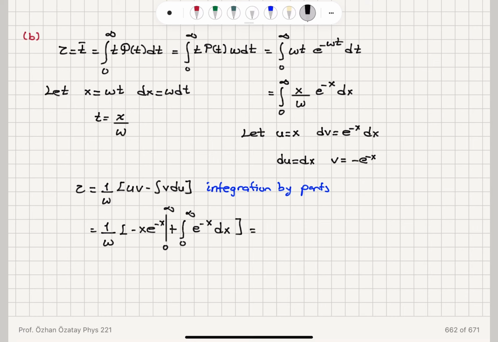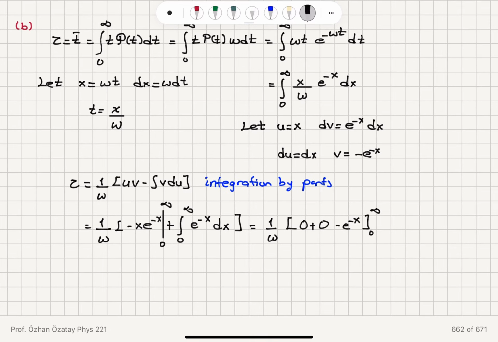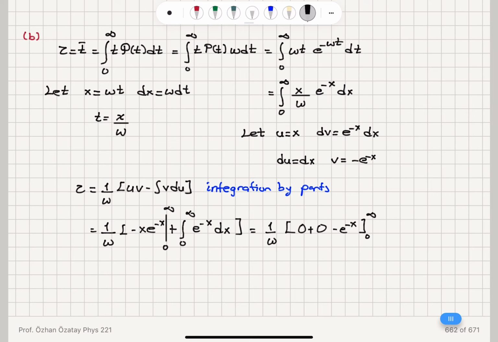So this gives me 1 over omega. Now, if I evaluate this at infinity, I will get e to the minus infinity, which will give me a 0. If I evaluate at 0, I will have 0. So this is 0 plus 0 minus e to the minus x evaluated between 0 and infinity. And that gives me tau is equal to 1 over omega.